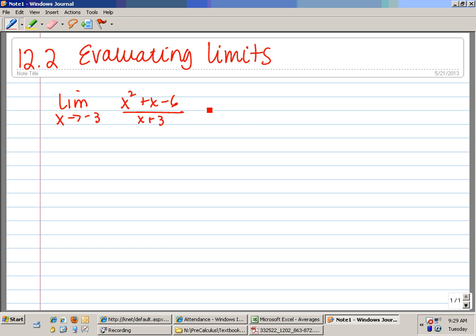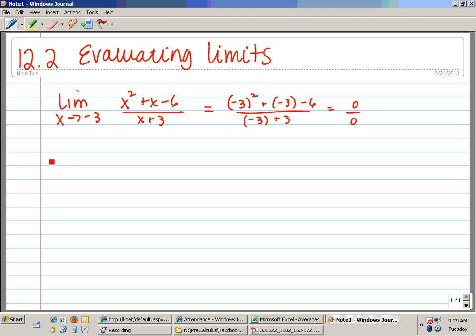When we use direct distribution, we end up with -3 squared plus -3 minus 6 over -3 plus 3. So we end up with 0 over 0.